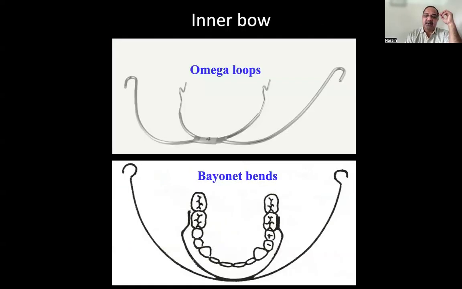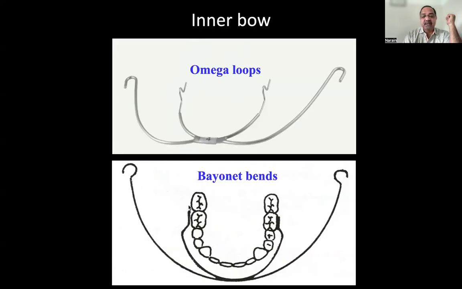Now, on the inner bow, you always need to give a stopper so that the inner bow does not slip through the tube and injure the soft tissues. So these stops usually could be an omega loop, or you could even have a crimpable stopper, or you can have bayonet bends.